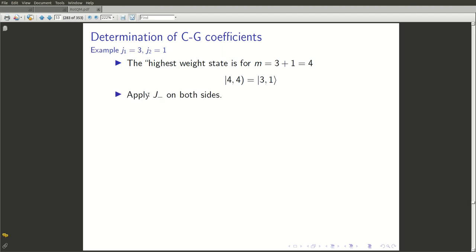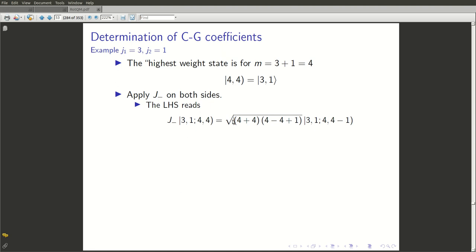So we apply J minus on both sides. So what happens when I apply J minus on the left? Here what we have done is we have written down 4 4 in its full glory. That is, we have included the J1 square, J2 square, J1z, J2z notation, J square Jz eigenvalues. But what is important is J minus acts on this 4 4, reducing the 4 to 3 and gives you this factor.